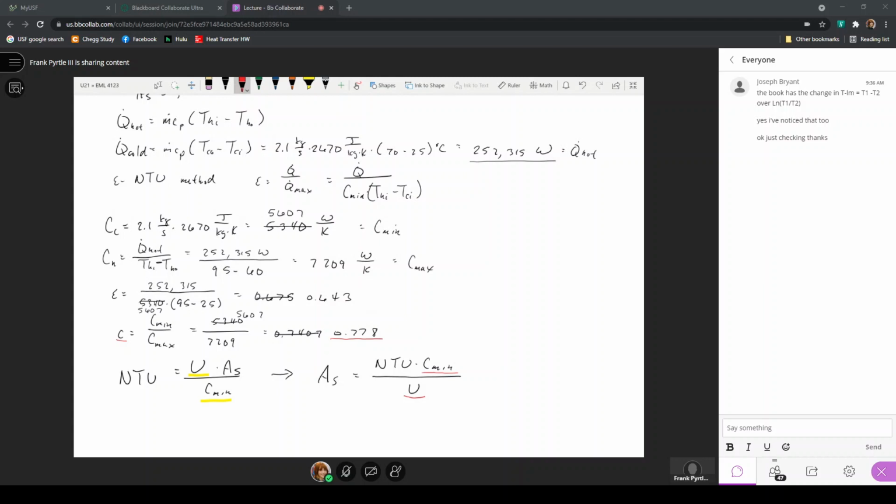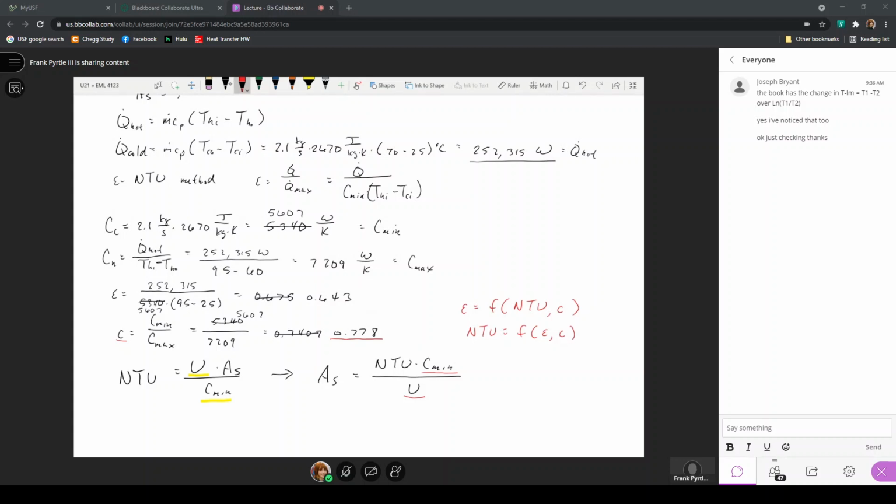Well, we can actually calculate the effectiveness. So if the effectiveness we can write as a function of the number of transfer units and the capacity rate ratio, well, the number of transfer units can be written as a function of the effectiveness and the capacity rate ratio.